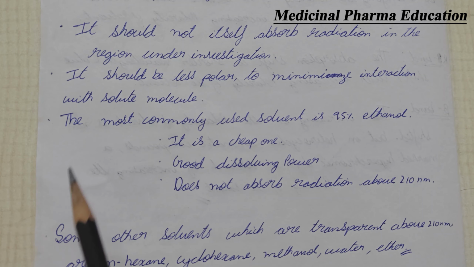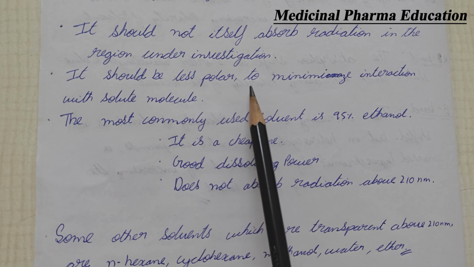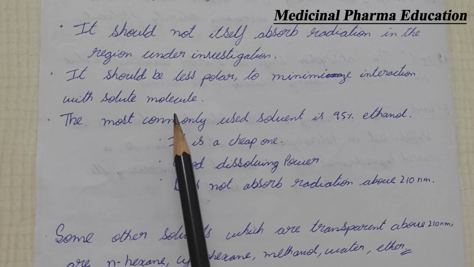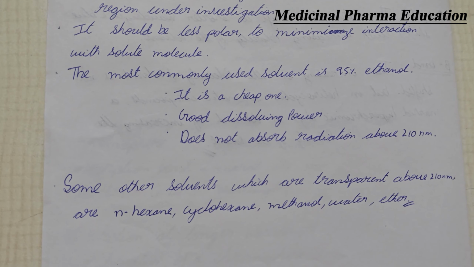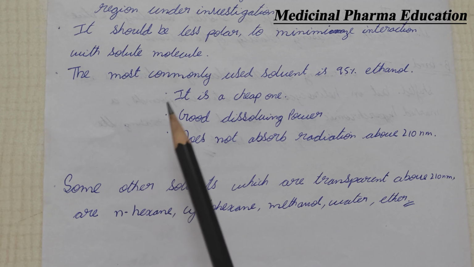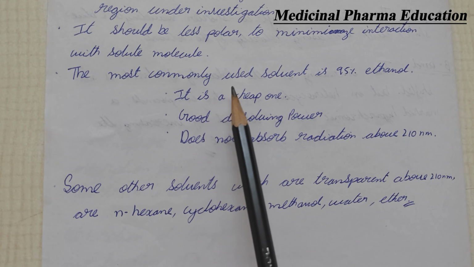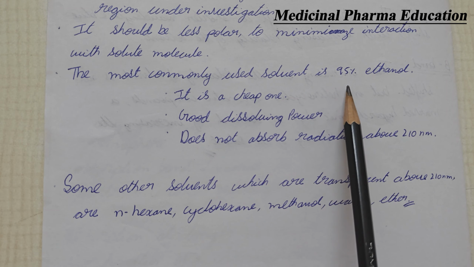Next, it should be less polar to minimize interactions with the solute molecules. I don't need to explain, these are very simple lines. You can directly understand after you read once. The most common solvent used is 90% ethanol.